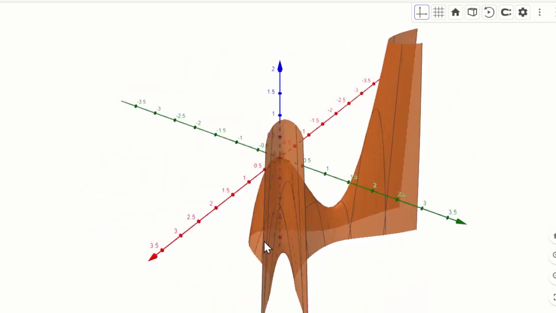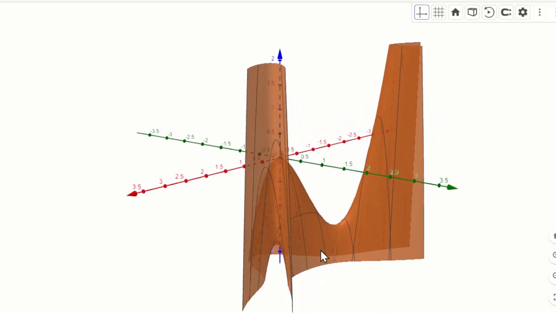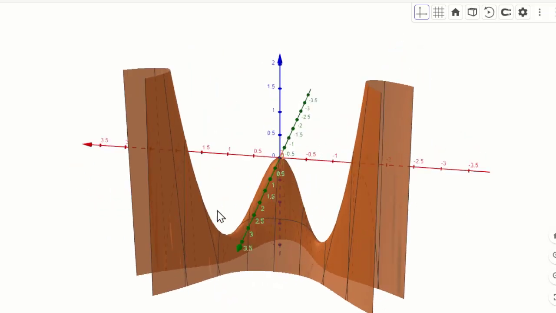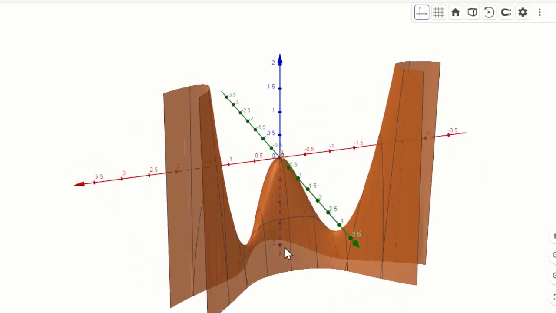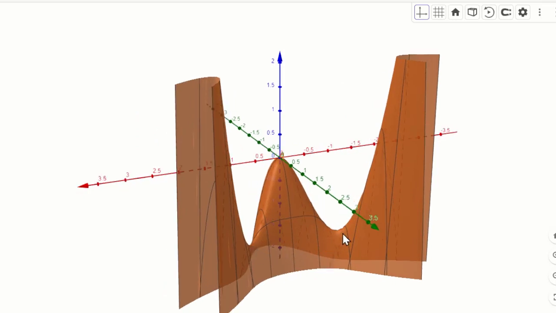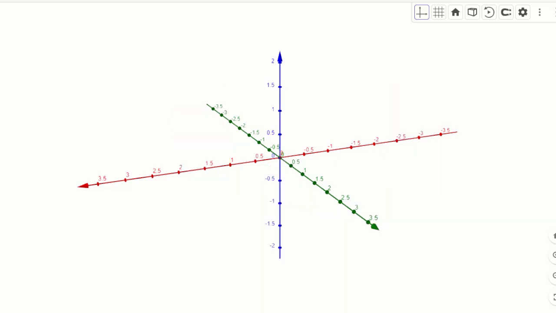If I turn it this way right here, they are maximum in one way, but then they are also minimum in another way. That's why these points right here are the saddle points. And so at those points, we know that we're going to have a negative D expression right there, that D expression being negative.